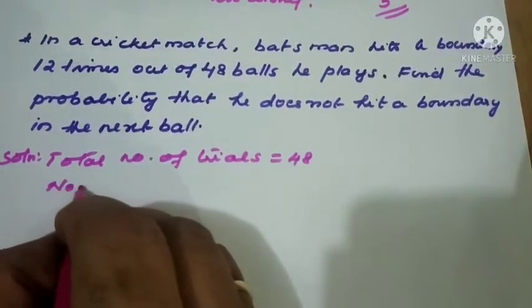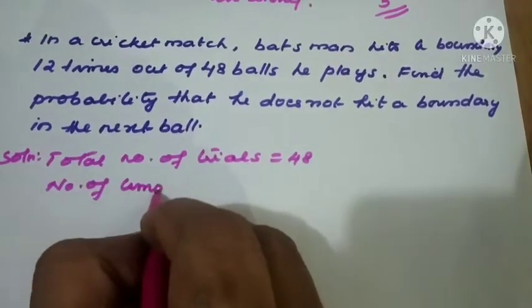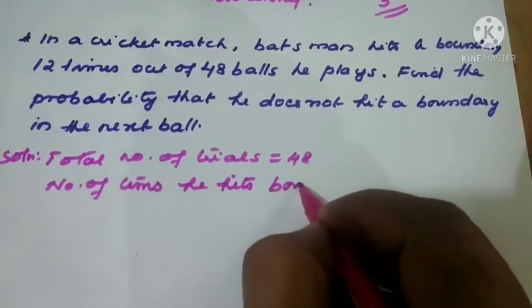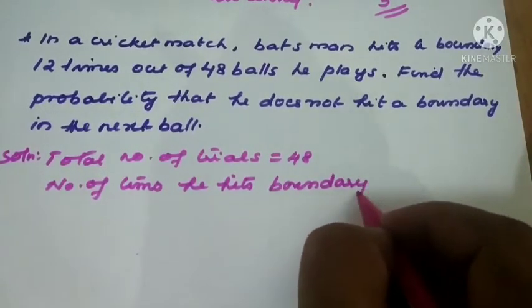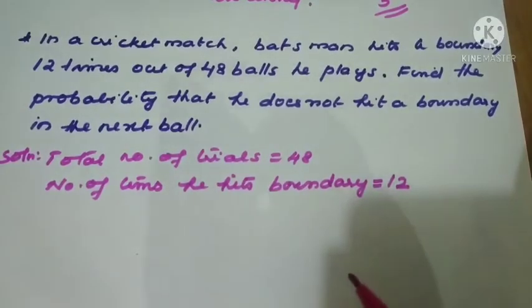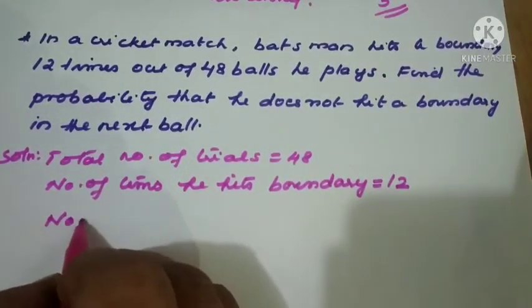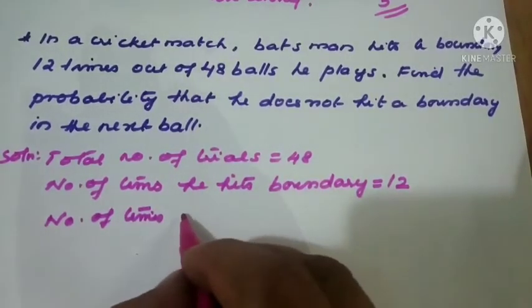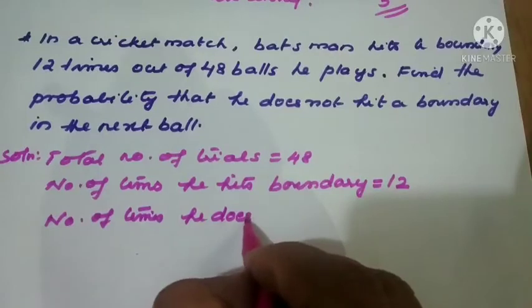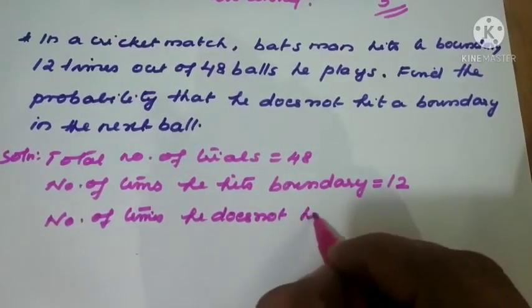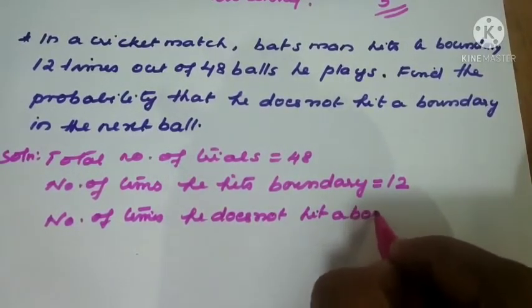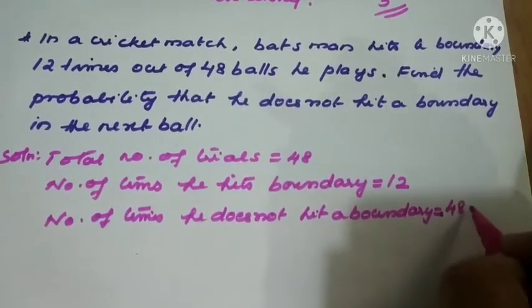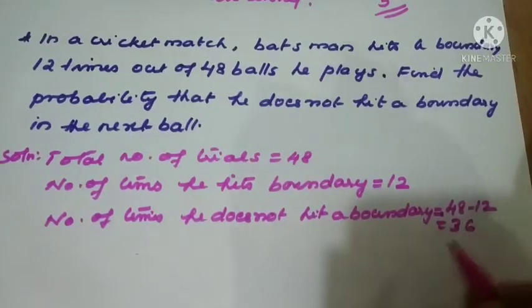Number of times he hits the boundary equal to 12. So number of times he does not hit a boundary equal to 48 minus 12 equal to 36.